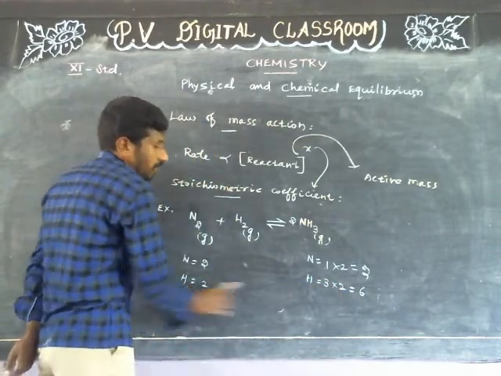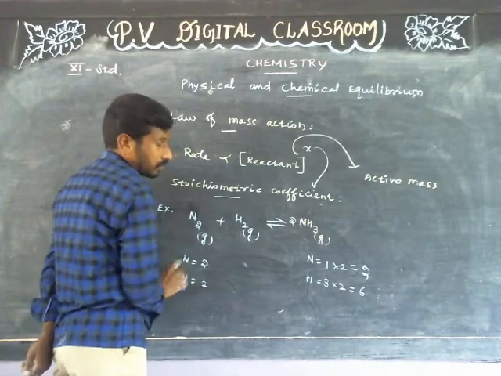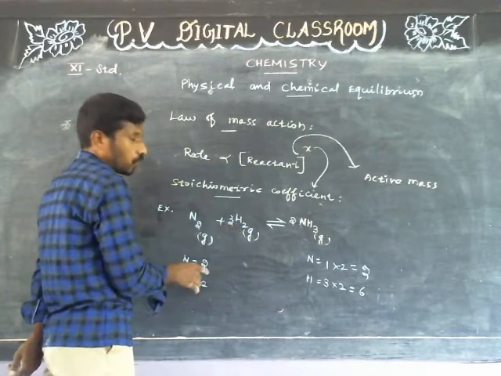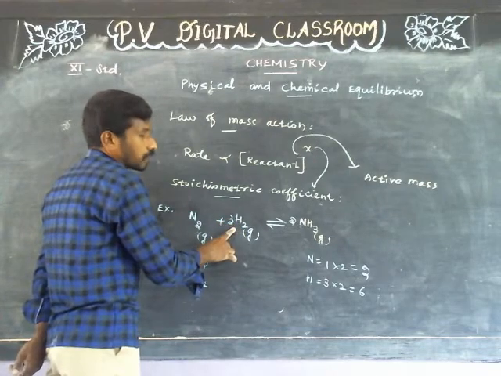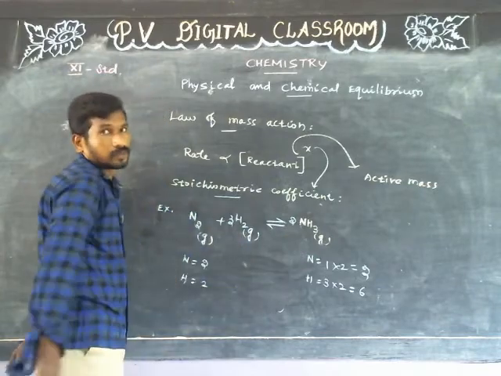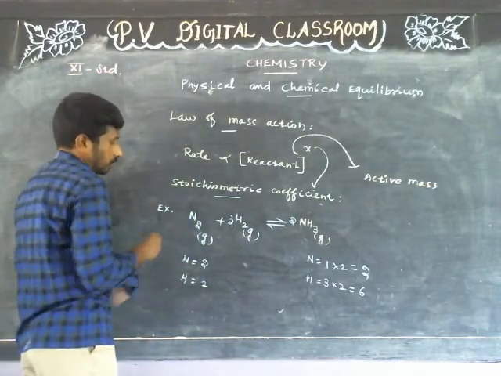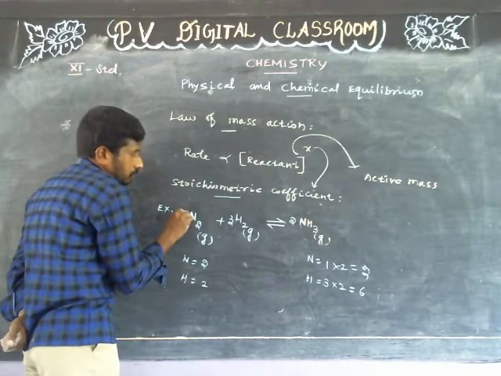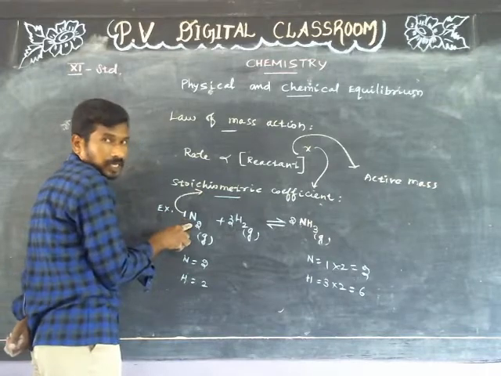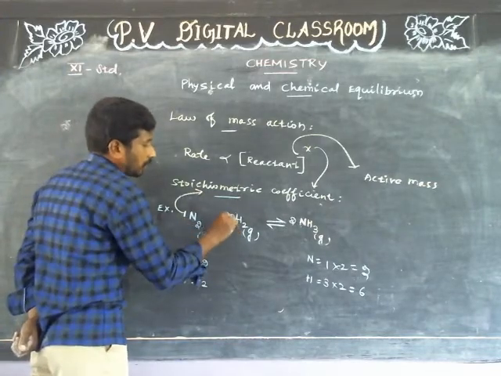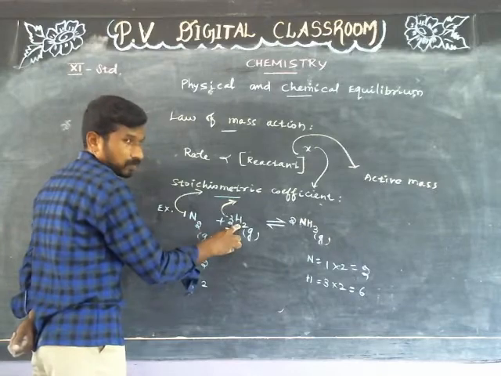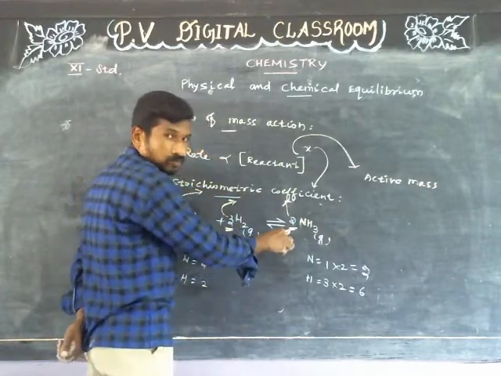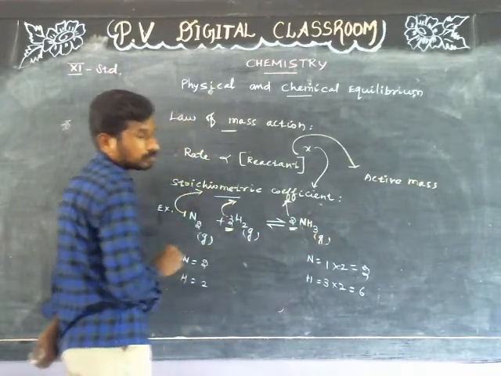To balance hydrogen on both sides, we should place number 3 before hydrogen. Now hydrogen gets balanced on both sides. Here number 1 is the stoichiometric coefficient of nitrogen. Number 3 is the stoichiometric coefficient of hydrogen. Number 2 is the stoichiometric coefficient of the ammonia molecule.